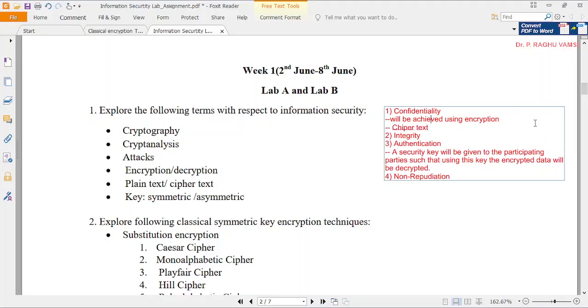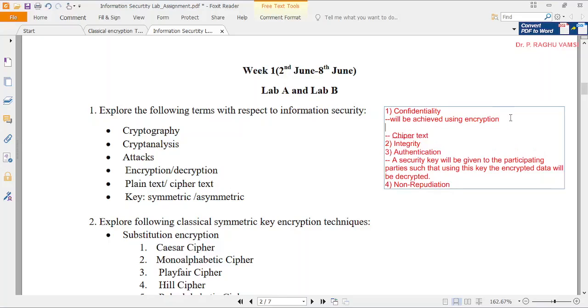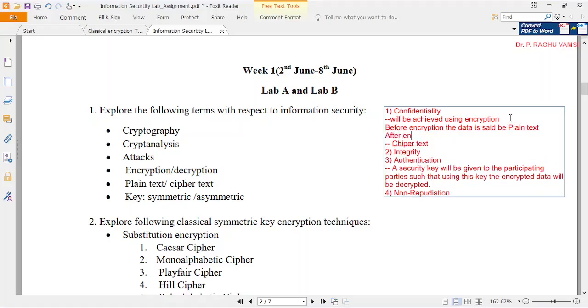Before encryption, the data is said to be plain text. After encryption, it is said to be ciphertext.